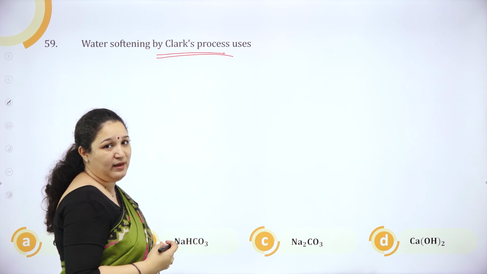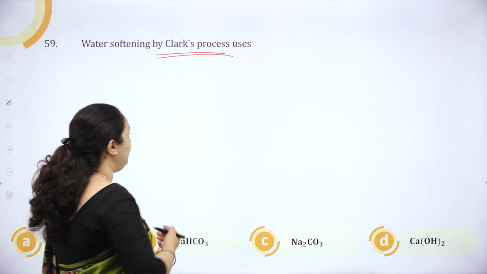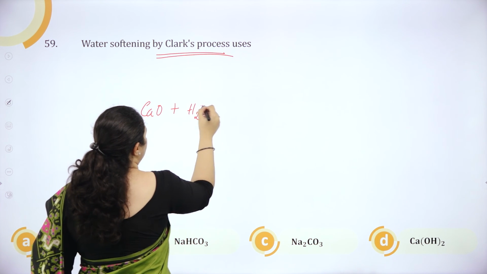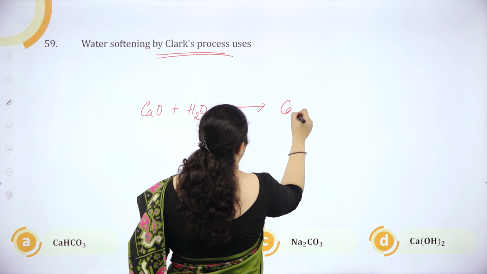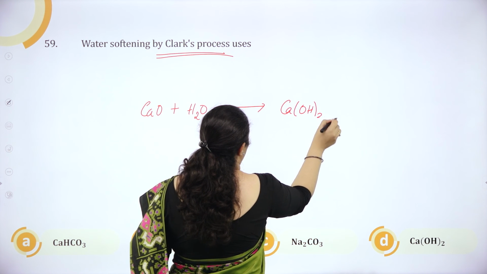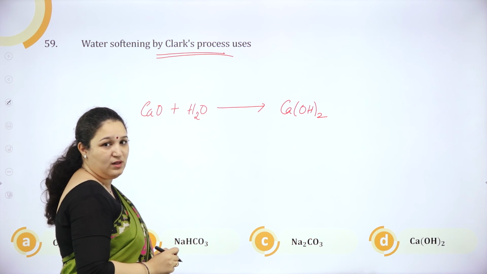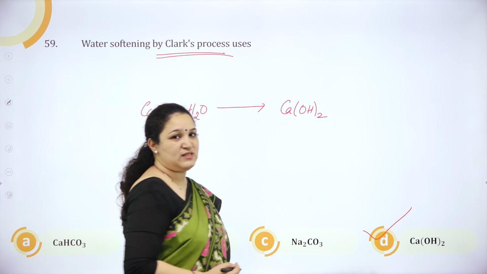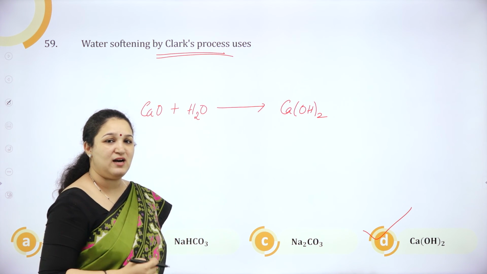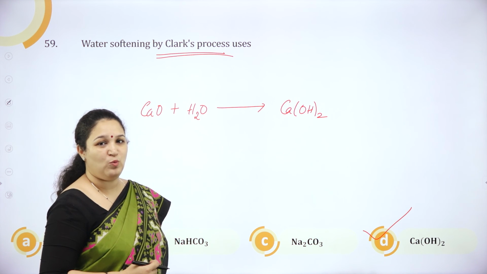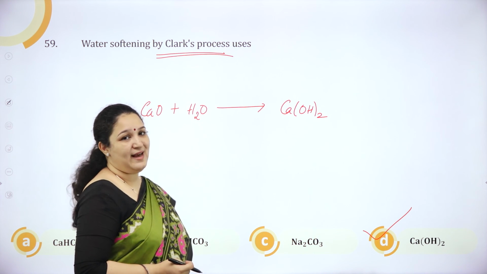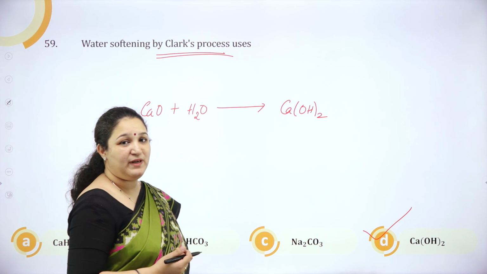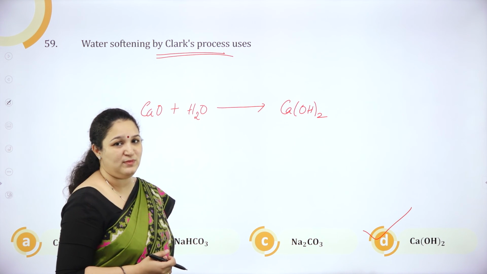We are adding lime, that is CaO, plus water, because we are adding it to water, it will form Ca(OH)2. Ca(OH)2 is the one which is used in Clark's process for softening of water. Further, this will react with calcium and magnesium salts and they will precipitate as calcium carbonate and magnesium carbonate.